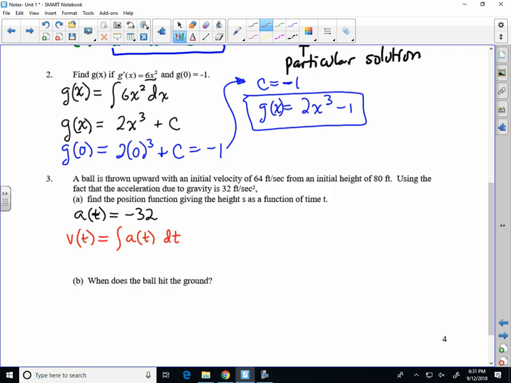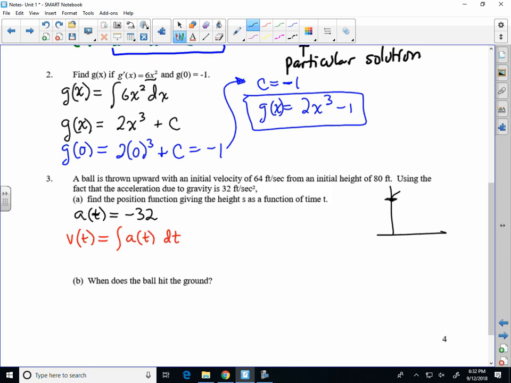So, was there a question? Yeah. And it shouldn't be like started from here. Yeah, so it's starting off, I'll draw the picture, at a height of 80 feet. So like right here.